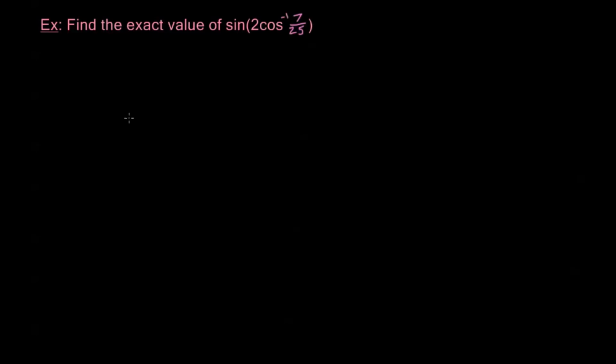So again, we're going to make a substitution. We're going to let our theta be the inverse function cosine inverse of 7 over 25. So then by definition, I know that cosine of theta is equal to 7 over 25.